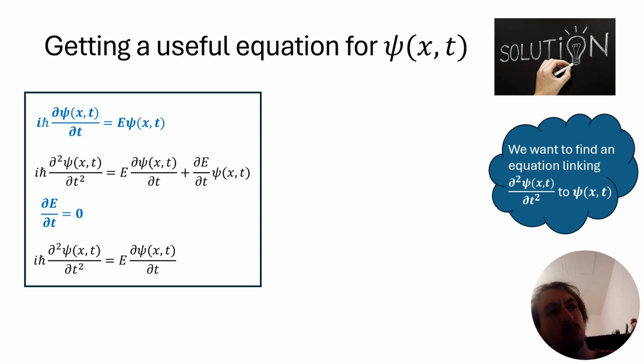Sorry, the top equation relates the first order derivative in time, which we don't want, to a wave function which we do want. So essentially the problem is, in our top equation and our bottom equation, we've got a first order derivative in time, and we don't want that, because it's very hard to think of a classical equation we can compare our quantum mechanical equation to if it just has a first order derivative in time of a wave function.